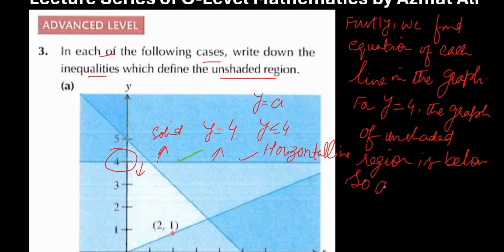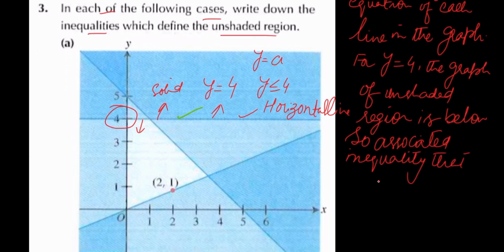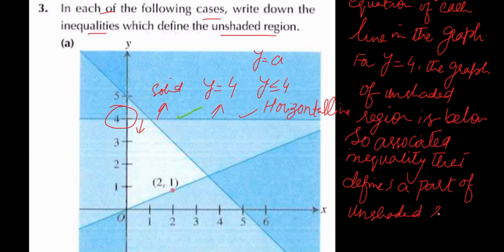So the associated inequality that defines a part of the unshaded region is y less than or equal to 4.